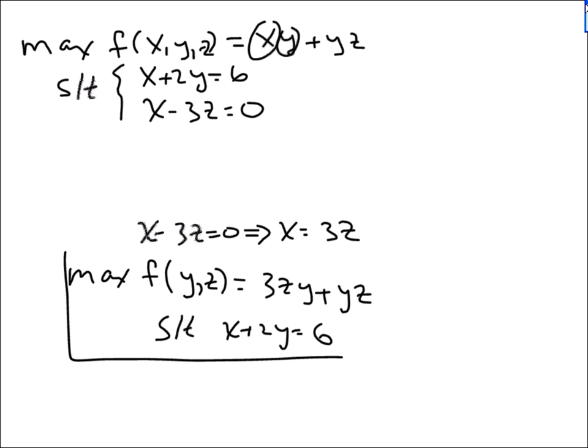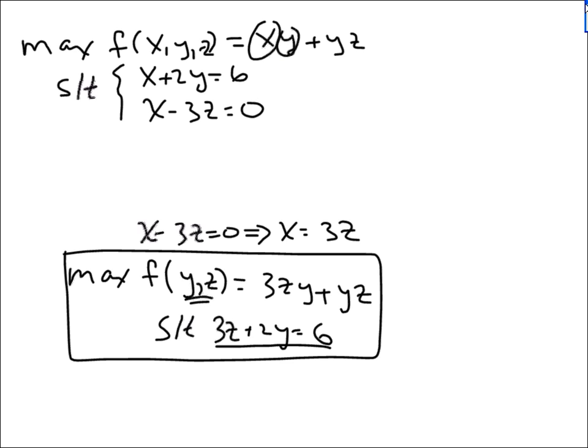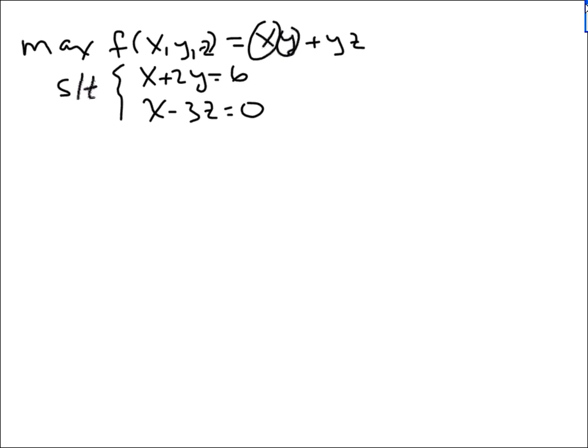This can be an alternative problem that you solve, with one exception: there should be no x's. x is 3z. So there it is, a function of two variables, and you're given one less constraint. Two variables, one constraint. But we won't do it this way. You could, but we won't.